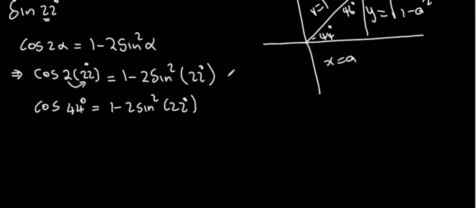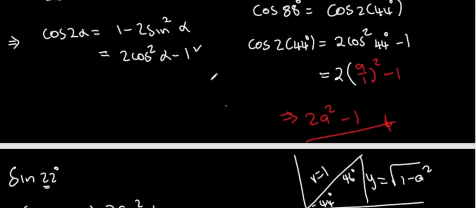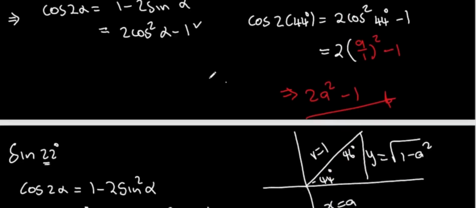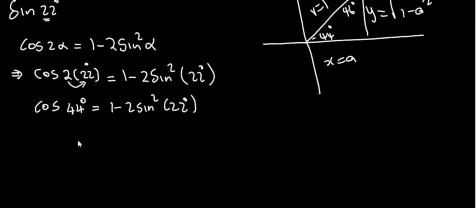What else do we have? The cos 44 degrees, we know what that equals. From the previous question, we said it's a over 1, which is just a. I'm just going to substitute that as a. So this will give me a equals 1 minus 2 the sine squared of 22 degrees.